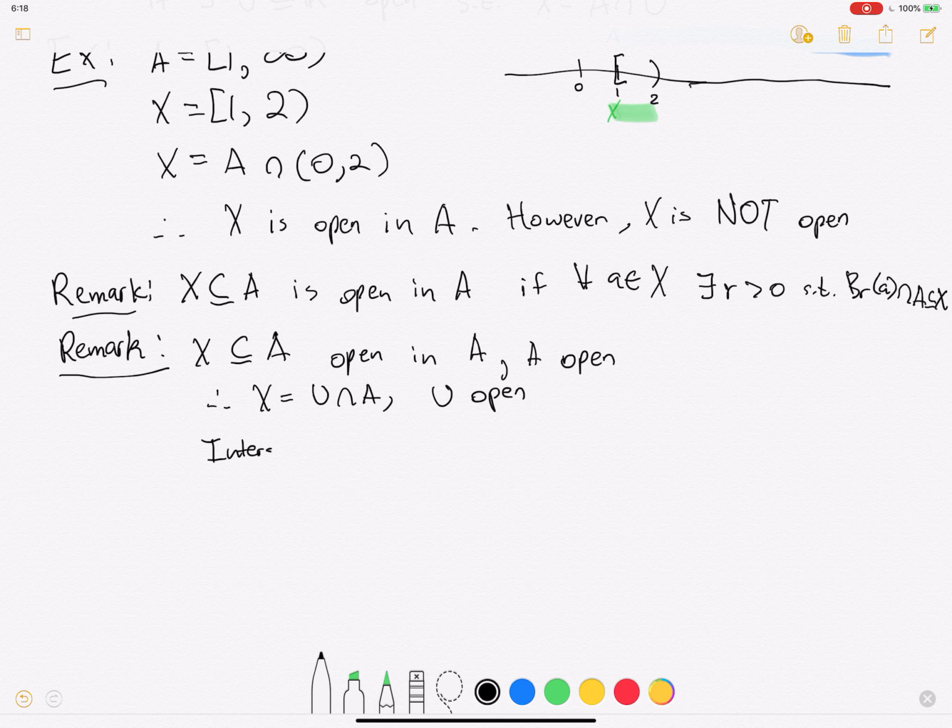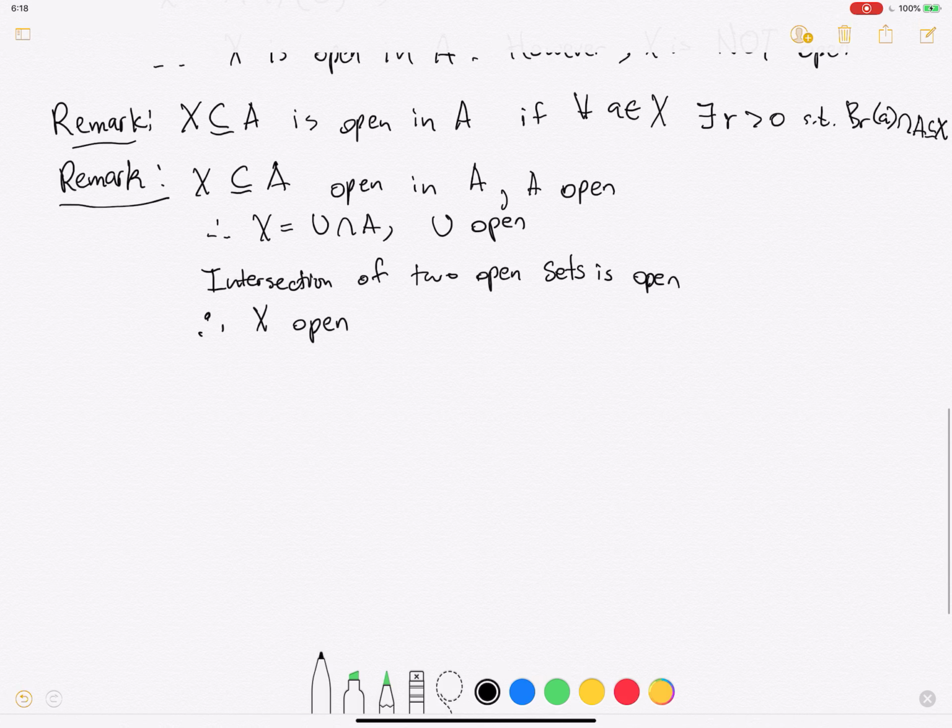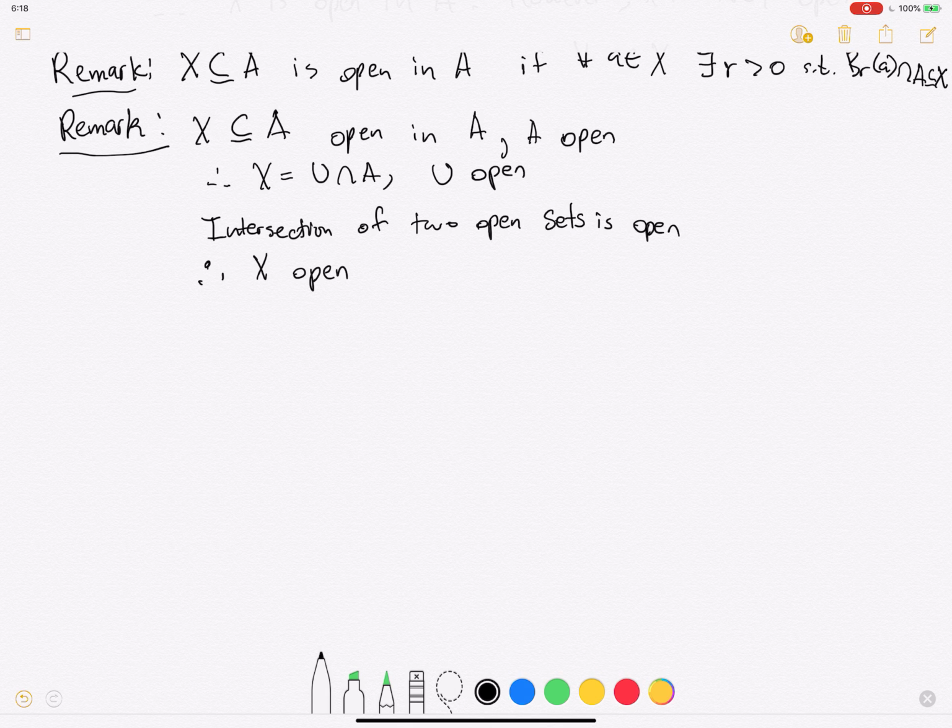The intersection of two open sets is open. So we can conclude that X itself is open. It's relatively open to A and it's open.